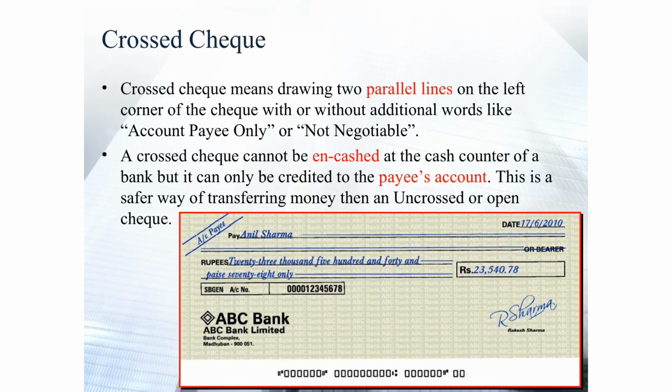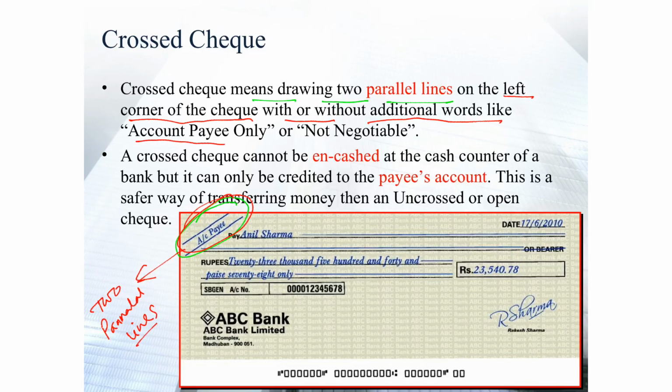Next, crossed cheque. Crossed cheque means drawing two parallel lines. Here are the two parallel lines, on the left corner of the cheque, with or without additional words like 'account payee only' or 'not negotiable'.